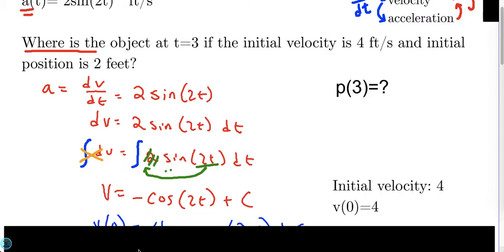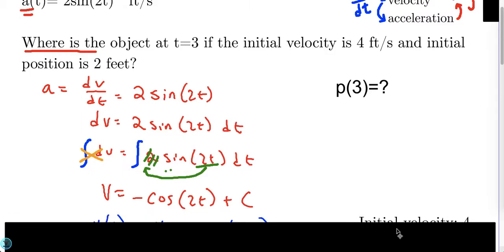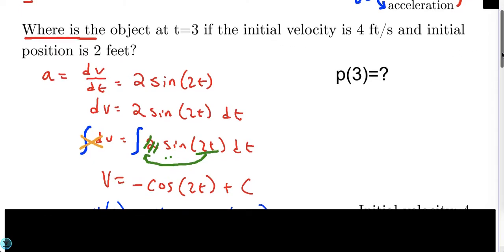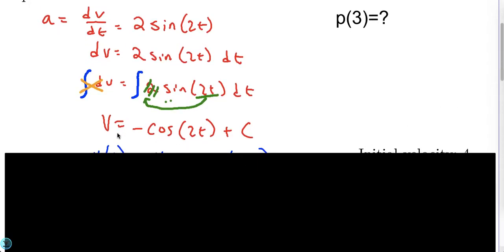So I just took the antiderivative. Let me get this out of the way for a second. The antiderivative of this statement right here would produce this plus c. So the velocity function we got from the acceleration function is right here in red. However, we can go a step further because we're told that the initial velocity is 4 feet per second. We can take this piece of information in tandem with what we just antiderived.